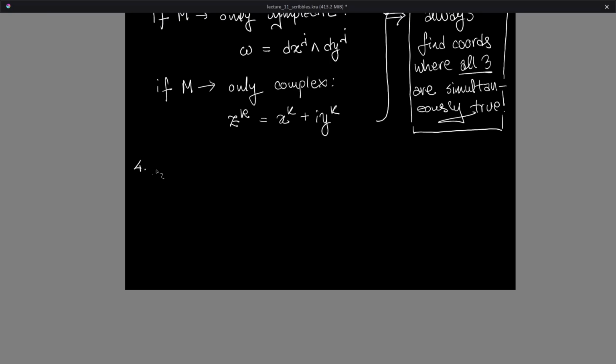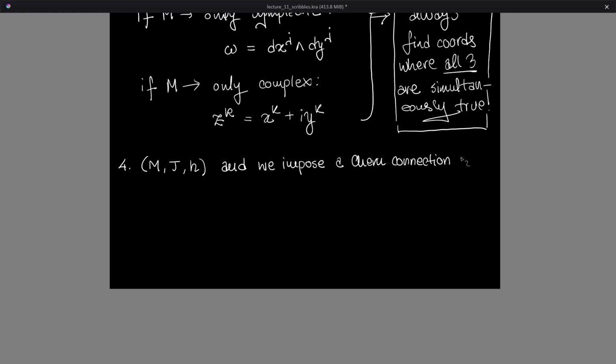So the last definition of the Kähler manifold that we're going to look at is, again, let's start with a Hermitian manifold. We're always going to need a Hermitian manifold. It's just we can find different ways of turning it into a symplectic manifold, I suppose. So I'm not even going to write it. Let's just say (M, J, H). Sorry for swapping J and H all the time. And we impose a Chern connection, nabla^C.